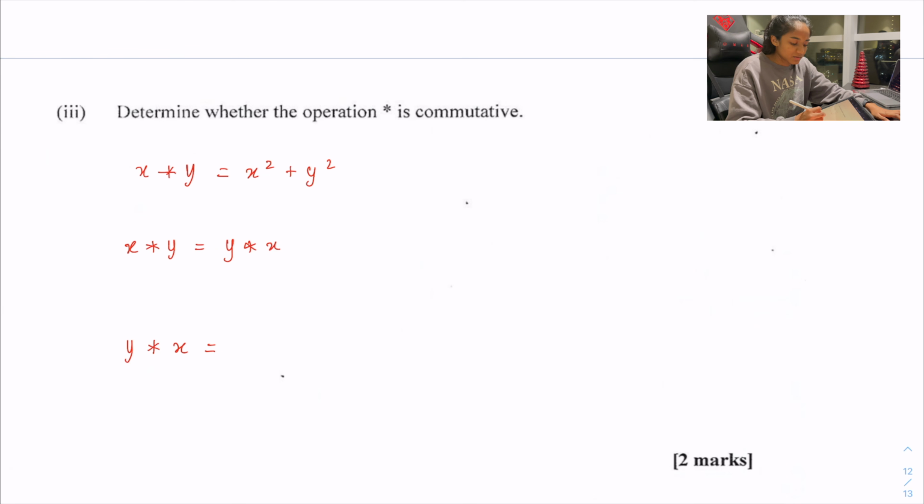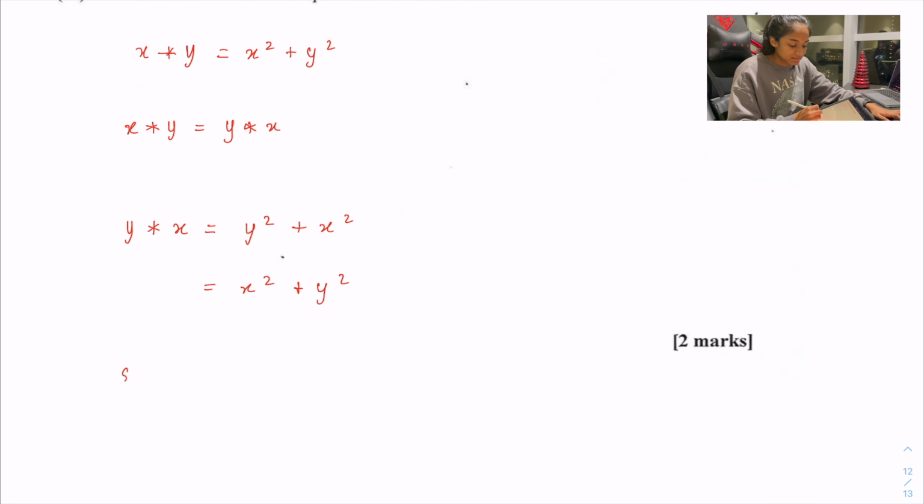So it would be y squared plus x squared, and that could be rearranged to get the same thing. So yes, since x star y is equal to y star x, the operation is commutative.